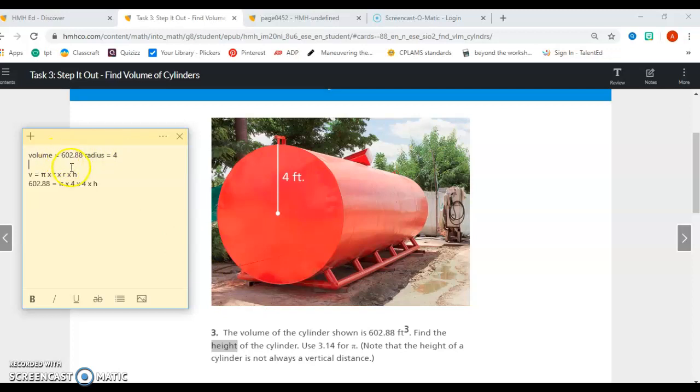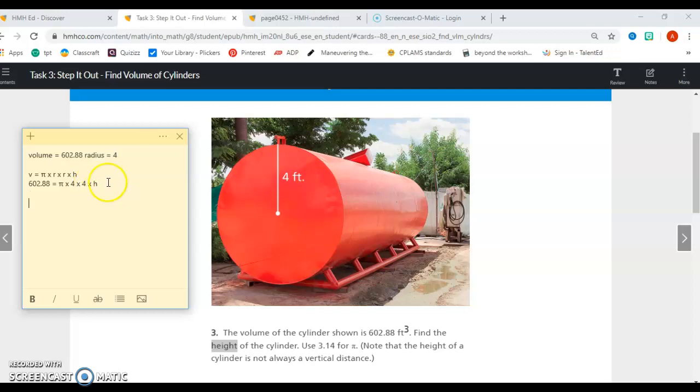So, if I would write my formula expanded form, I've got pi times radius times height. And I'm going to take the information that was given to me and plug it into my formula. So I know the formula, I know the volume is 602.88 times pi times my radius, which is 4, times my radius, which is 4, and I have to solve for h.